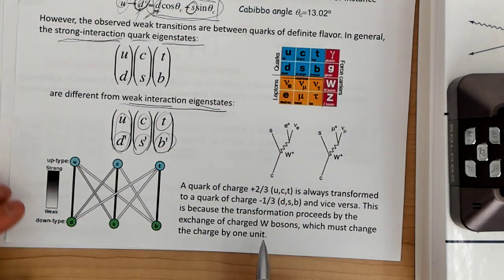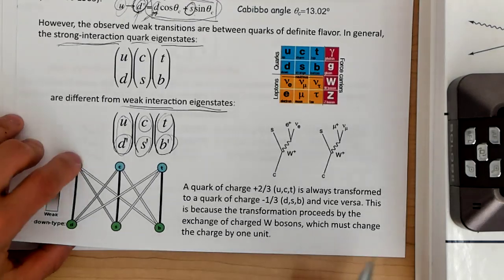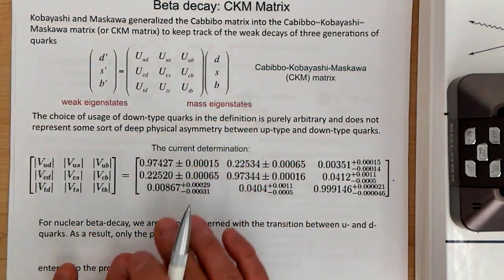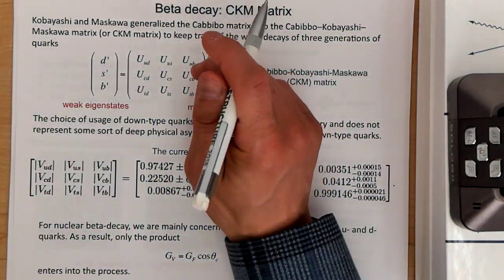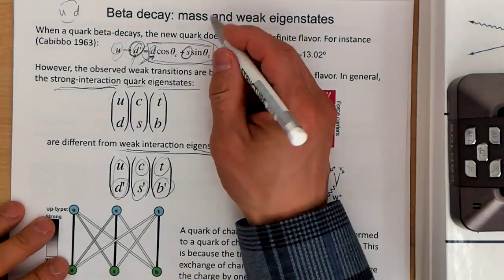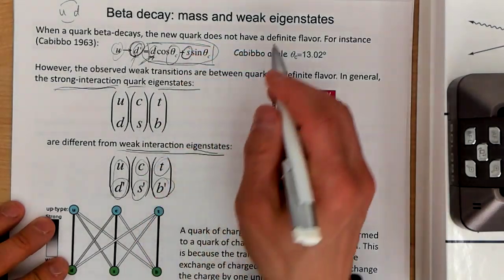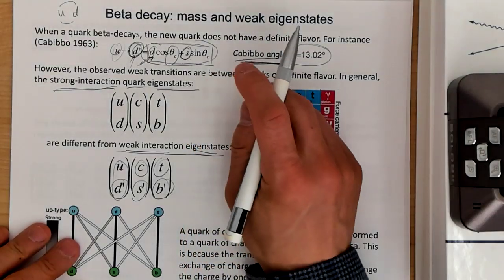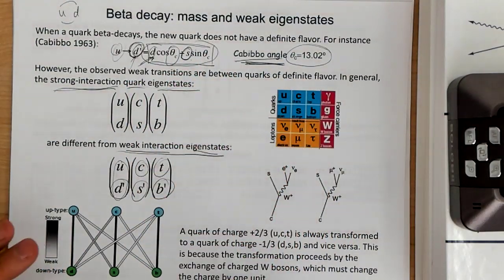Okay. Now, as a result, we can think about how this mixing occurs. I should mention this angle here, theta c, is what's called the Cabibbo angle. It's a relatively small number, 13 degrees. So if you plug that in, it's not that large.